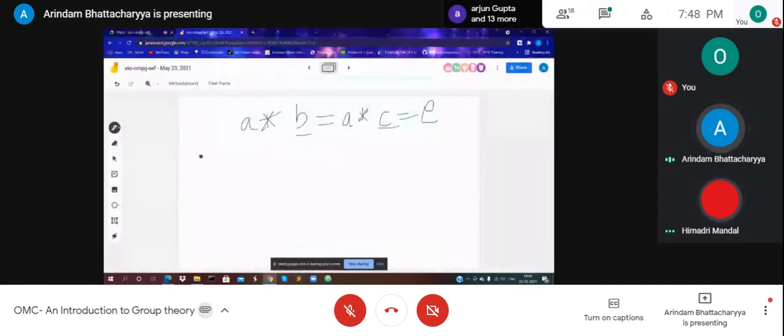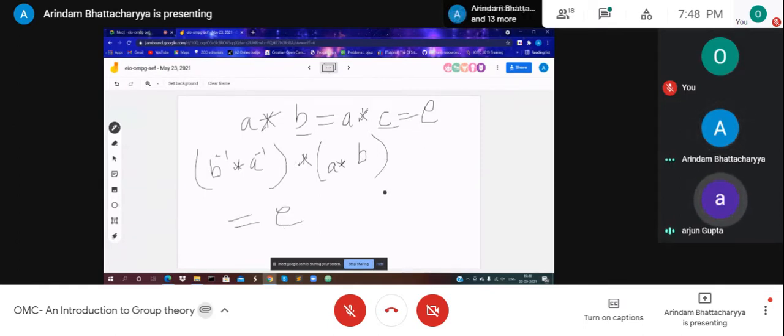Yes, and associativity, exactly. So B inverse star A inverse star A star B, and then since this is associative, the brackets don't matter. A inverse into A is E, B inverse into E is B inverse, and B inverse into B is E. Sorry, it is only associative, not commutative, so I think brackets do matter.